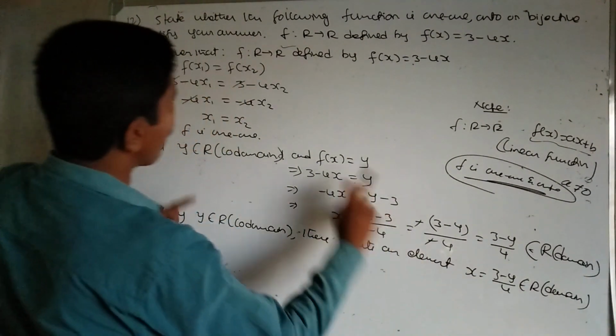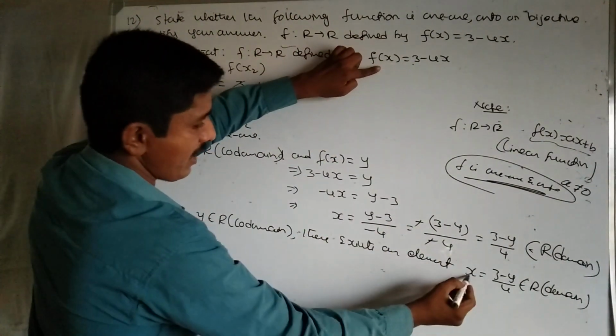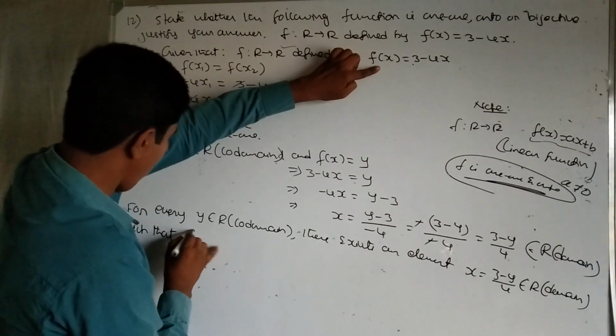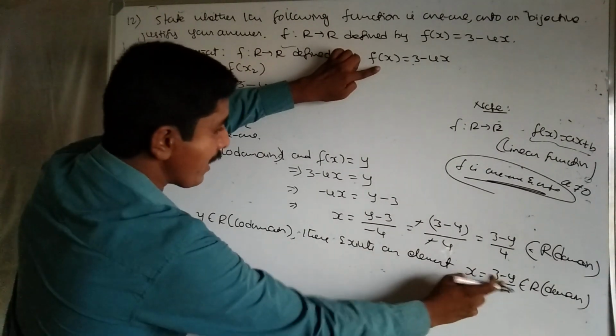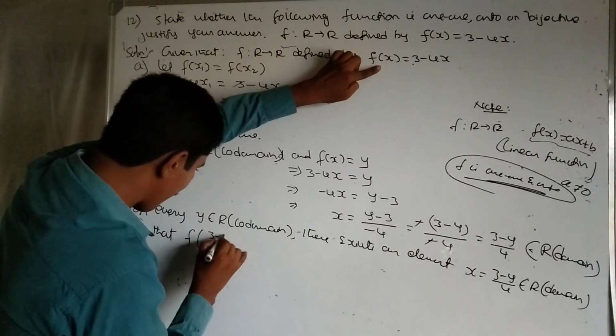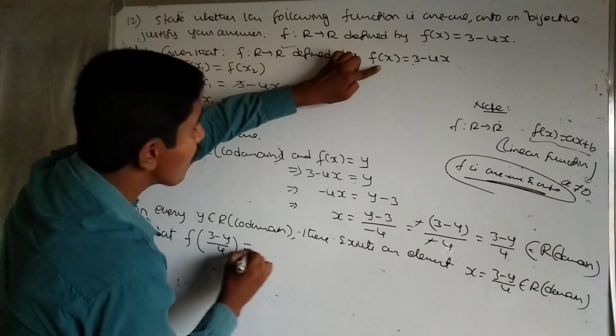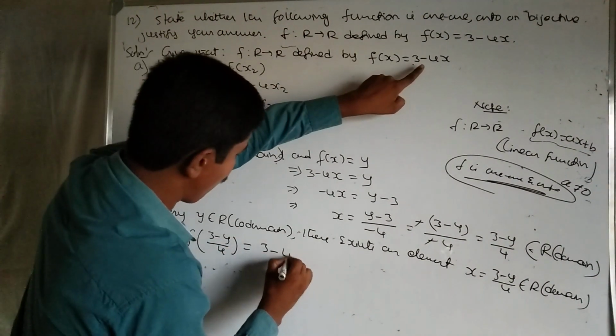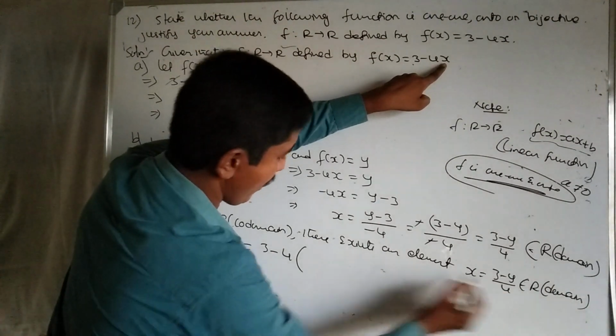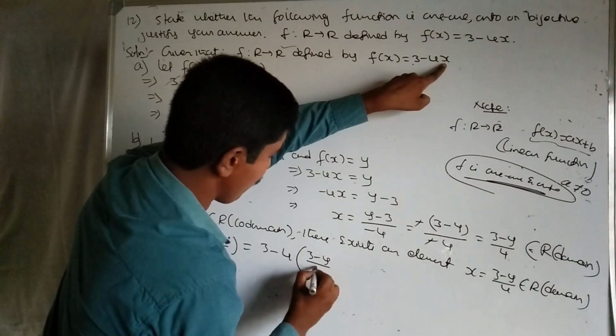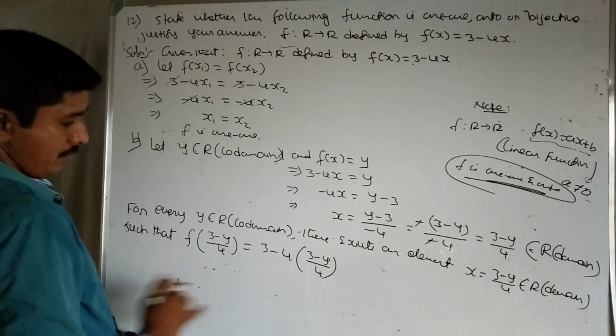Substitute this x value in the given function. f of x equal to 3 minus 4 into the x value, (3 minus y) by 4.